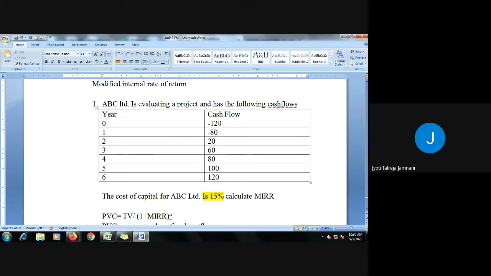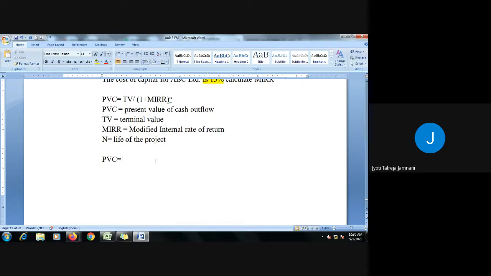So here you can see there is minus sign for 120 and 80. These two are the cost or the initial investment. We need to find the present value of these two. So how are we going to do it? 120 into present value interest factor at 15% they have told. I'm not seeing the annuity, I'm seeing the normal for 0 years because 120 we are investing in year 0.